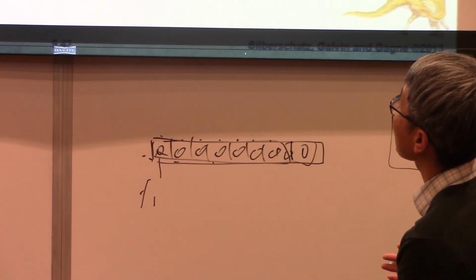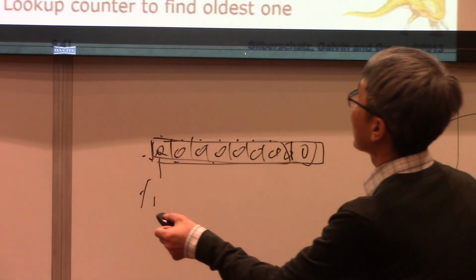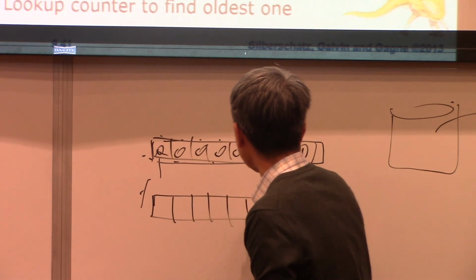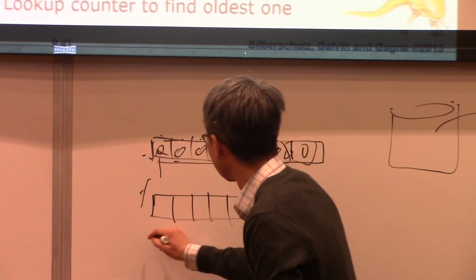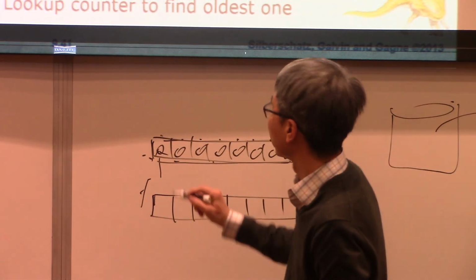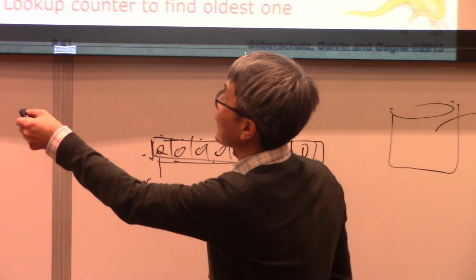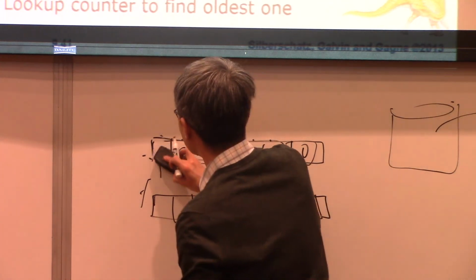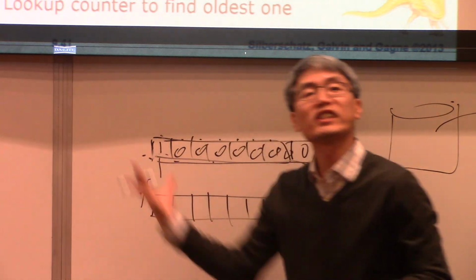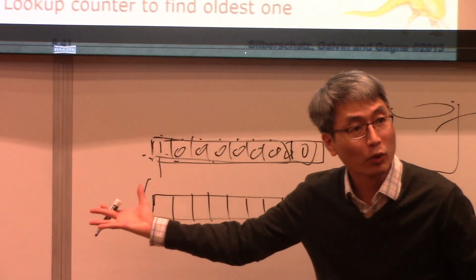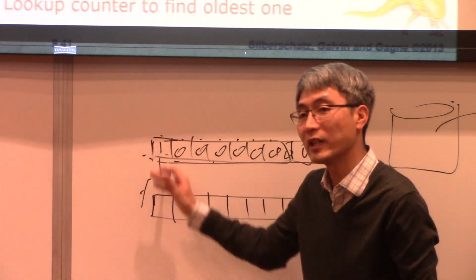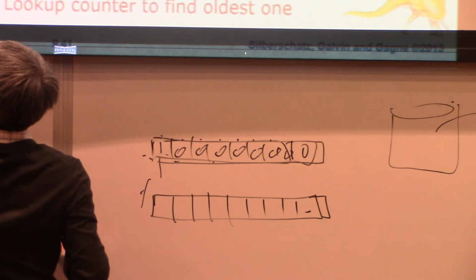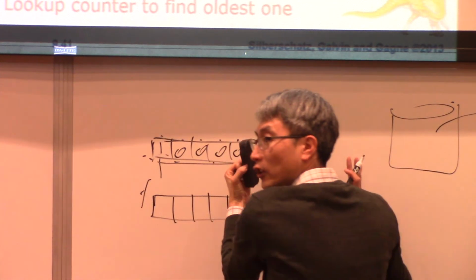For example, this one. Each page has its own reference bit, like 8 bits this time. Then, if one is accessed, it will be set to 1. The most significant bit will be changed to 1. 1 means referenced. Then, moving to the next time slot, you shift.